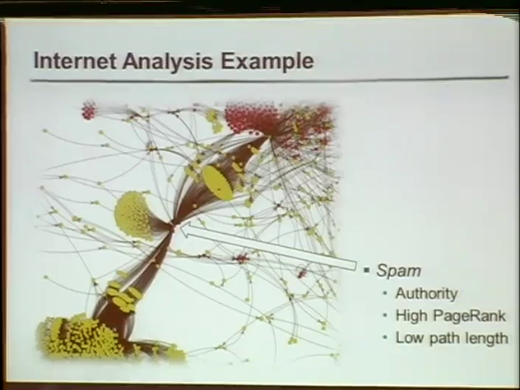Many of those yellow nodes are actually web-based email clients, so the person is clicking on the spam link in their email and ending up at the spam domain. What we see from the network analysis is that it's an authority, because all these different domains and URLs seem to be telling us that this is where we should go. It has a high page rank and a low average path length.